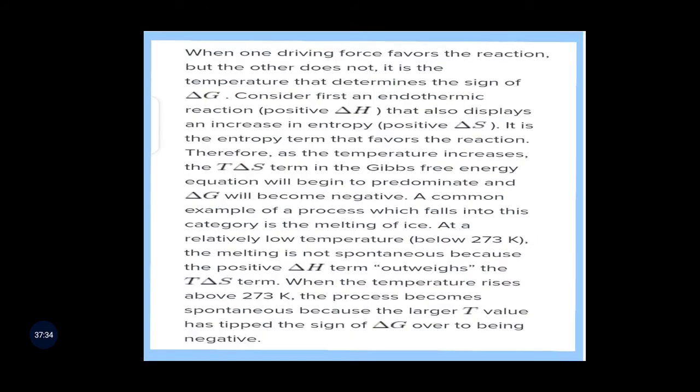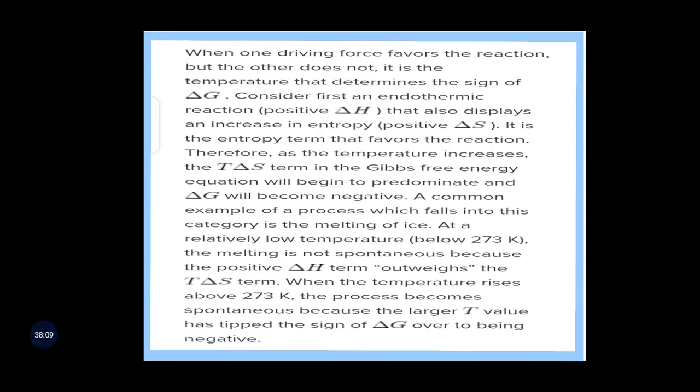When one driving force favors the reaction but the other does not, it is the temperature that determines the sign of delta G. That is where you have the two middle lines in that table. So you can see that the determinant will now be the Gibbs free energy. Either it will be negative at high temperature, or negative at low temperature. Consider first an endothermic reaction.